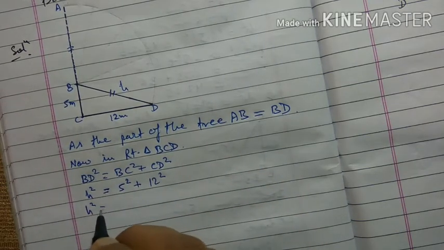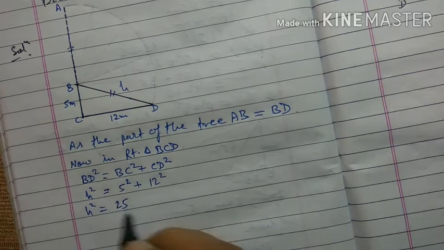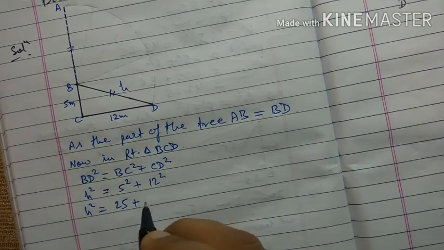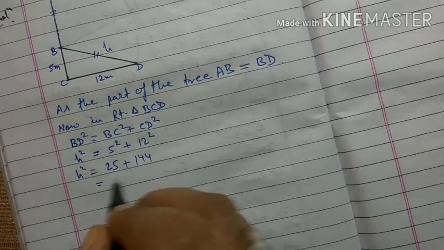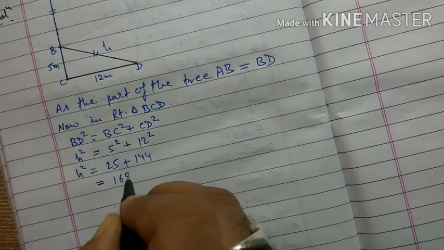Now H square is equal to 25 plus 144. On adding the values we'll get 169.